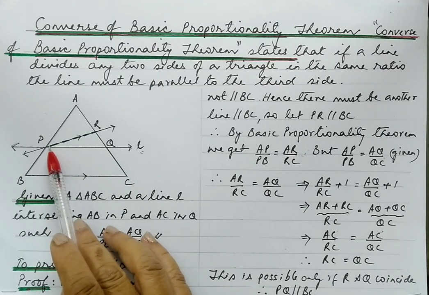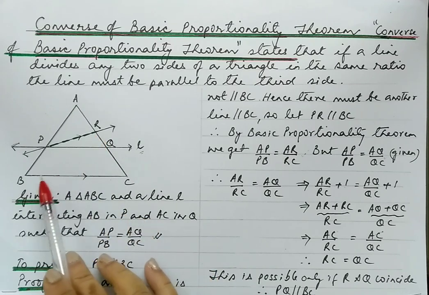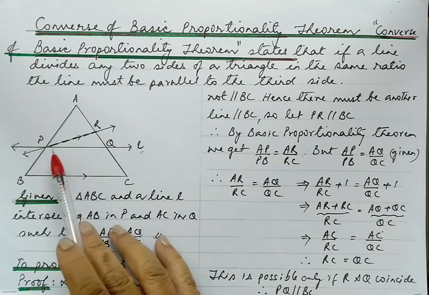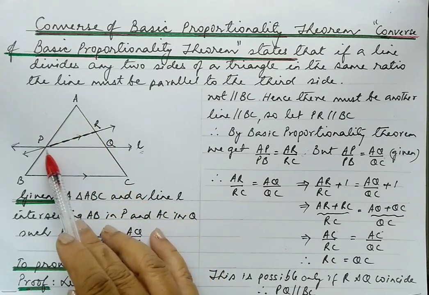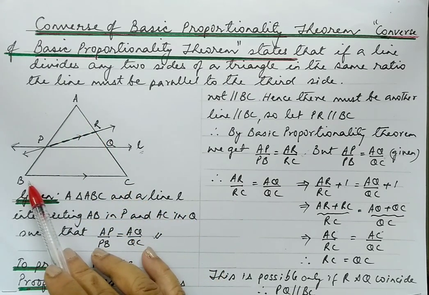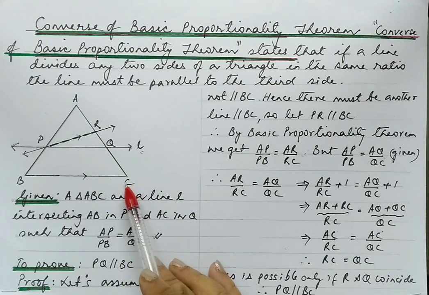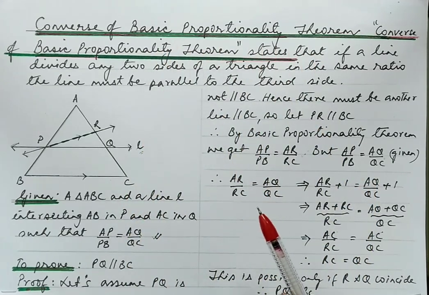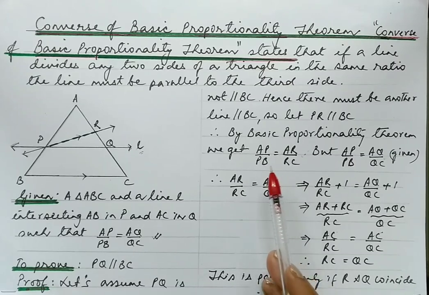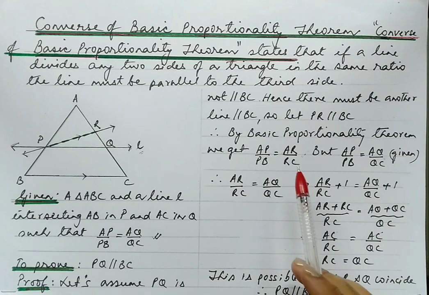We are therefore taking, through construction, another line PR to be parallel to BC. If PR is parallel to BC, automatically we know that AP upon PB must be equal to AR upon RC, to justify the basic proportionality theorem.